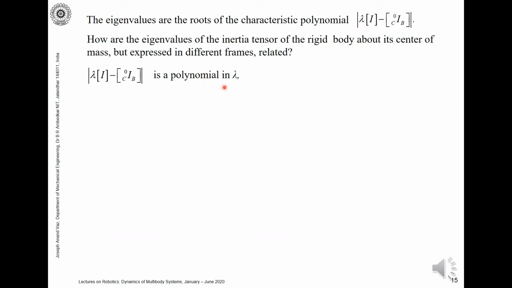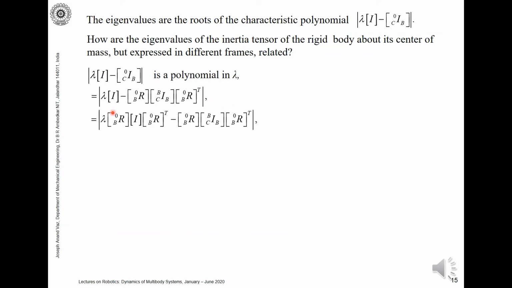We bring in the inertia tensor. We express this inertia tensor, which was earlier expressed in the frame 0, in terms of the frame B. So we just replace this with this. And here we have the same lambda into I.